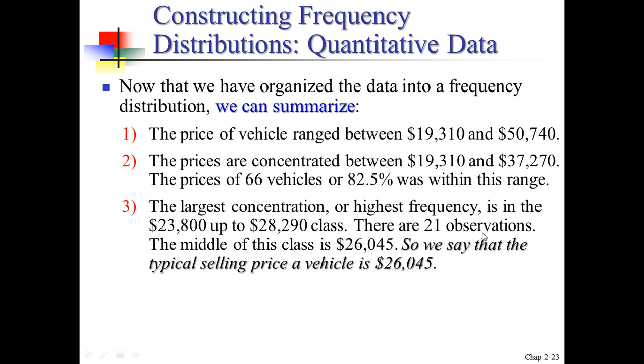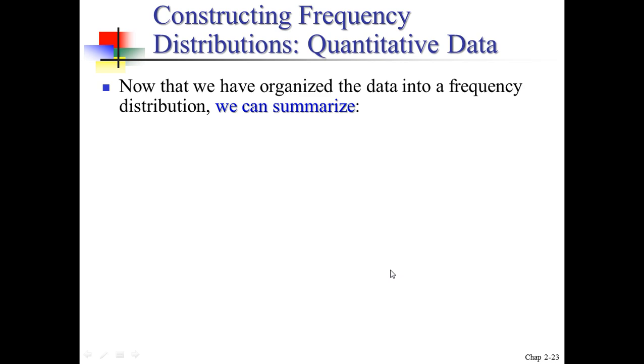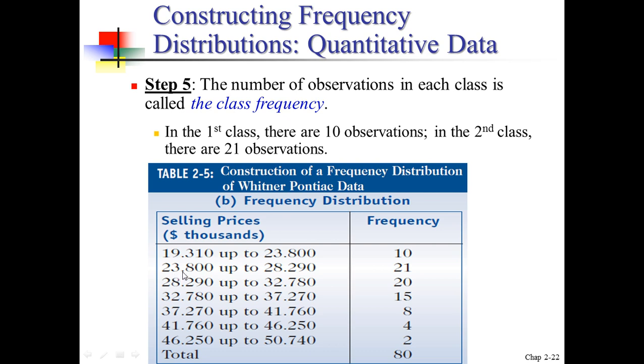There are 21 cars sold within this price. The middle of this class is 26,045. So we can say that the typical selling price of a car is 26,045. Okay. So look at this one, 23,800 to 28,290. This one is the highest. This one is also high, but not really the highest. This is the highest one because of one extra. Okay.